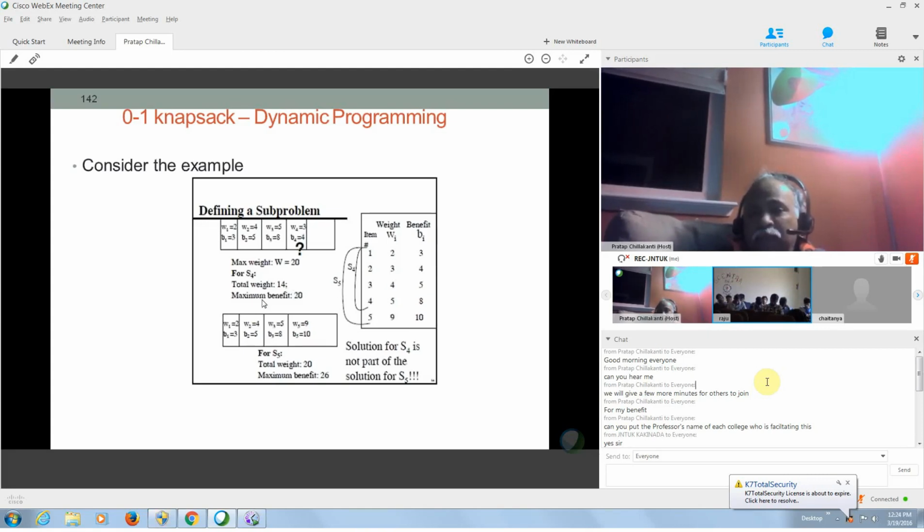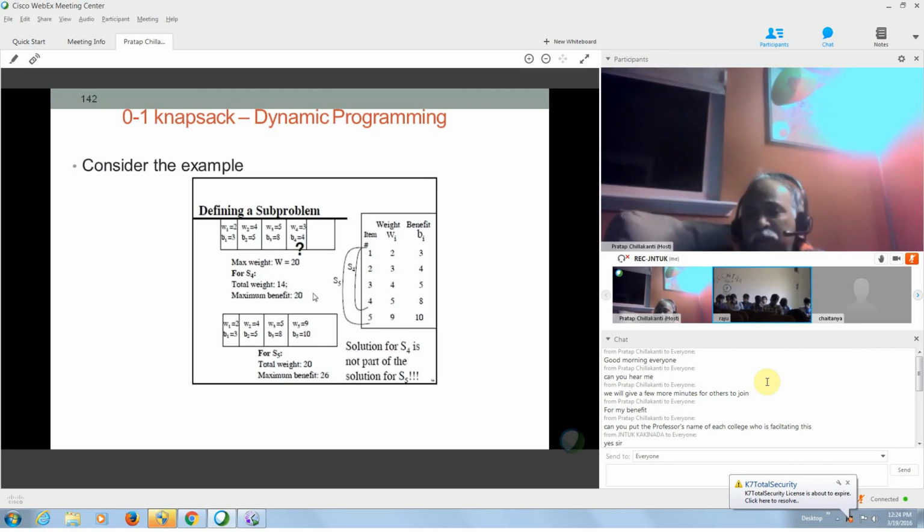And then you get the maximum benefit of 20. Whereas if you do it slightly differently as S5, where you took 2, 4, 5 and 9, you can see the total weight is 20, but the maximum benefit is 26.